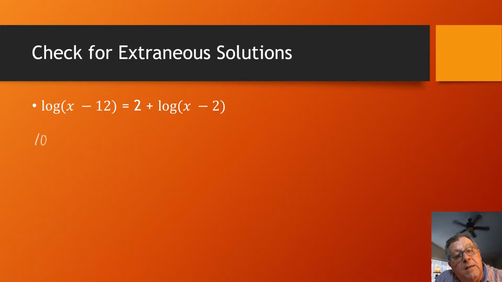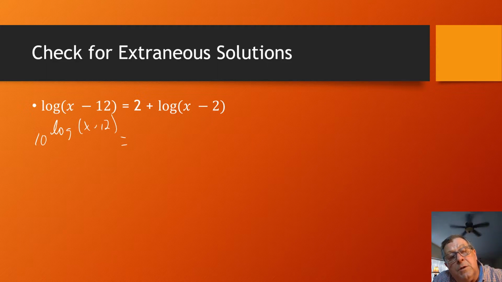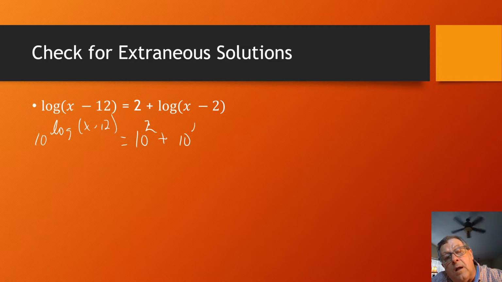So I've got 10, because I don't have every term having a factor of the common log. So we got 10 to the log of x minus 12 equals 10 to the common log, the common base of 10 squared, plus 10 to the log of x minus 2.